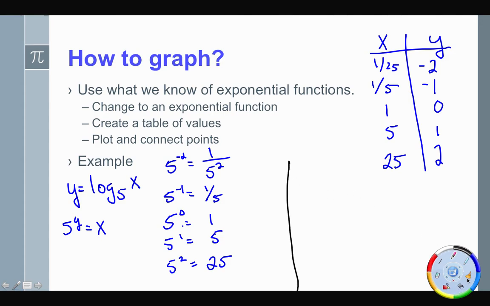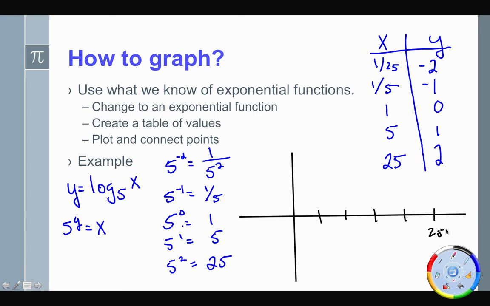Oops, why did that do that? There we go. So there's no way I'm going to be drawing 25 lines here. So I'm going to go by 5s. 5, 10, 15, 20, 25. And the y values are still from -2 to 2. And we're going to try to do as best as we can to graph these dots.